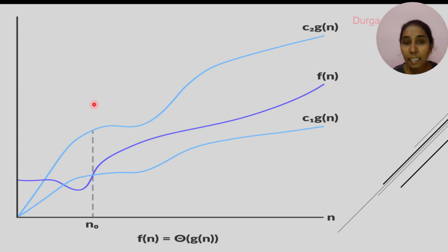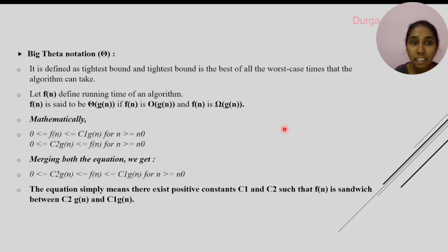Okay, so see this example. c1 g of n less than or equals to f of n less than or equals to c2 g of n. So here we are taking 2 constants. So it is average.